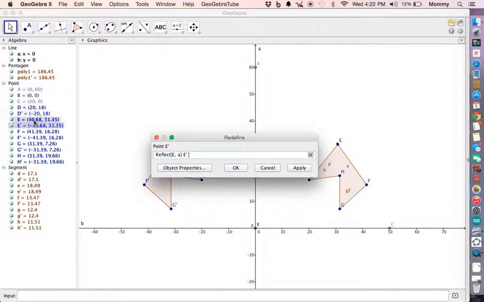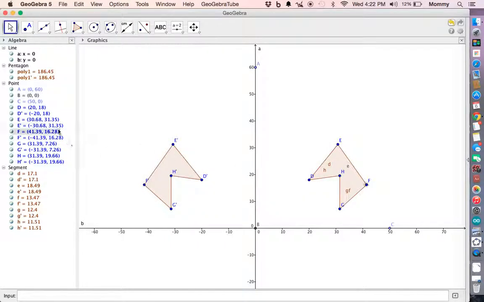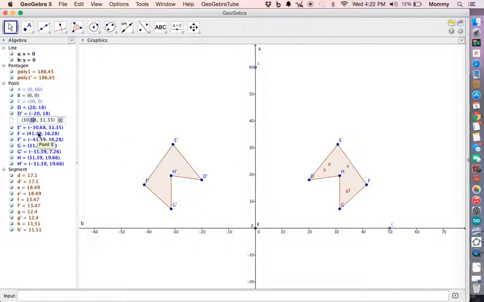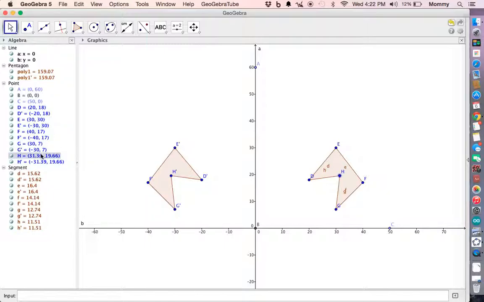Let's pop in 30 and 30, and 40 and 17, and 30 and 7, and 30 and 20. Alright, so now let's look at the points of the reflected object.